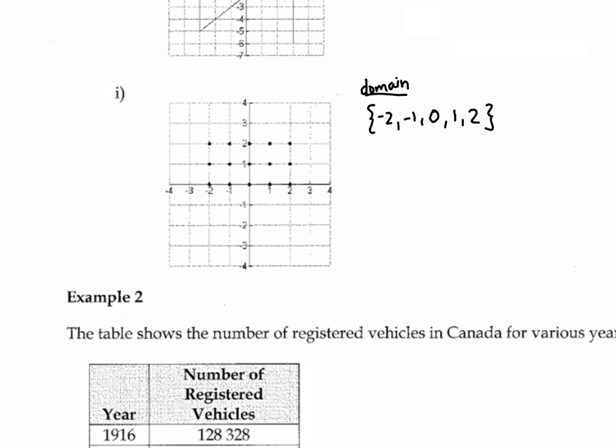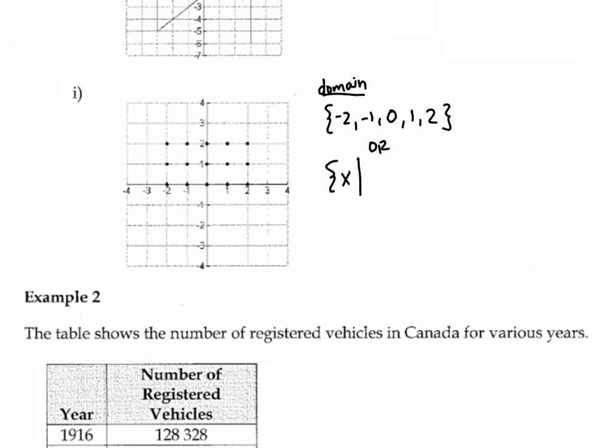The other way, and you have to be very careful with this, I would almost say write it as discrete points, discrete data. I would stick to this. But for the sake of an example, you could also write this as x is greater than or equal to -2, less than or equal to 2, comma, x is an element of what numbers?